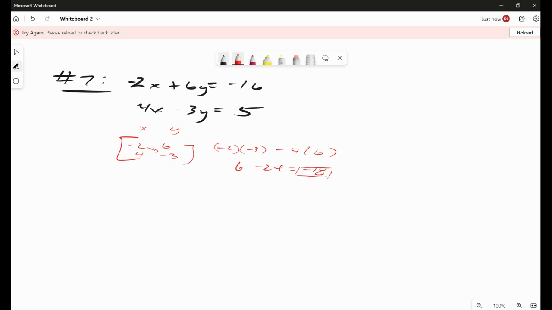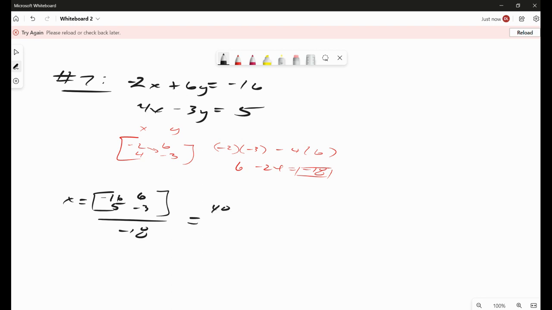That is my determinant that I'm going to divide everything by. So let's do x's, and for x's, I will do black. So we're going to solve for x here. So x equals, the x's are replaced with m and n. So we get negative 16 and 5. And y's stay the same, so we got 6 and negative 3. And that is all going to get divided by the determinant, which is negative 18. So we'll do the same pattern.